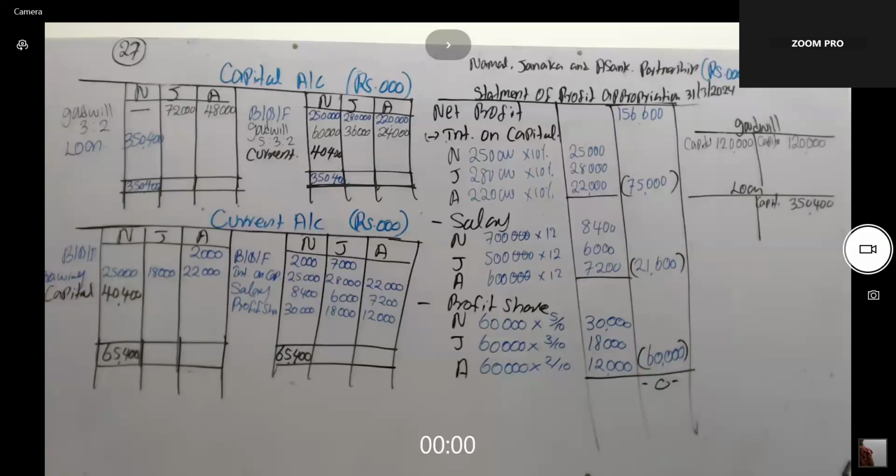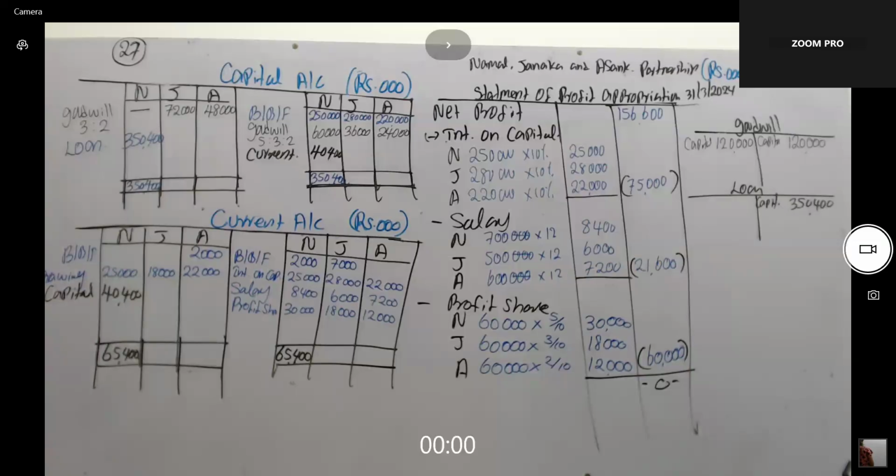Transfer the current account balance to the capital. Then by closing the capital account of the retired partner, equity can be calculated. If it has been paid at the time of retirement, cash account credit, capital account debit. If it has not been paid, that value should be transferred to the loan accounts.